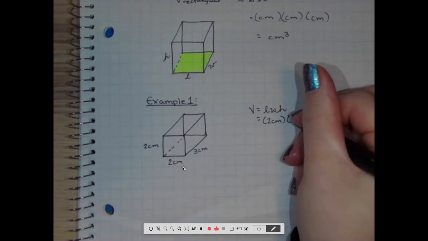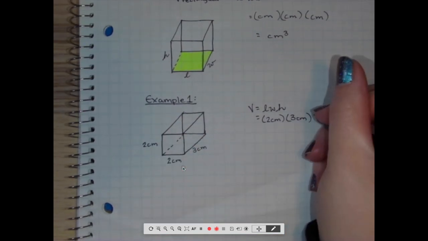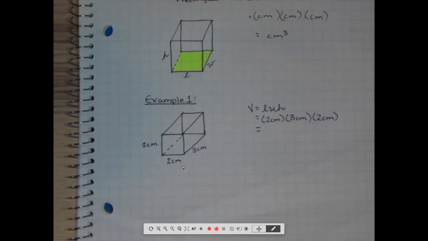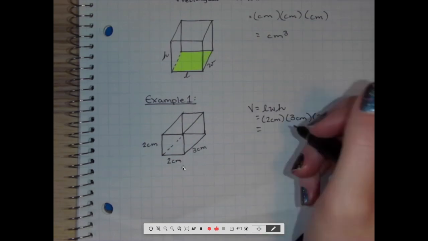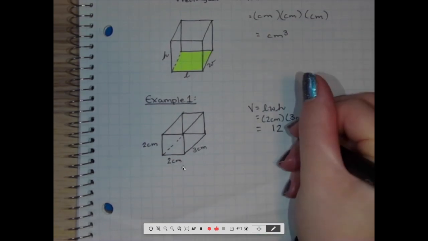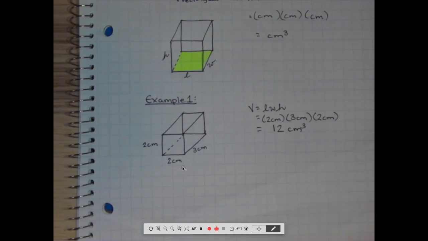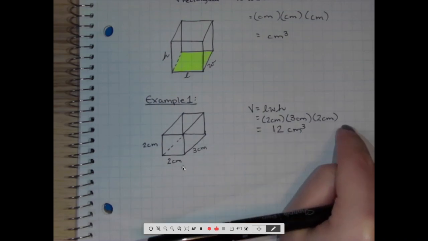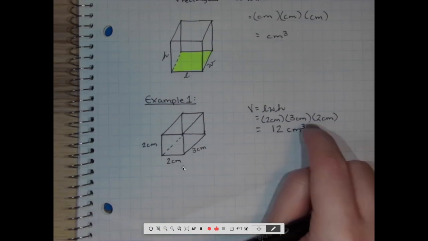My width is 3 centimeters. And my height is 2 centimeters. Then I end up with 2 times 3 is 6, times 2 is 12. 12 centimeters cubed. So I'd want to see your formula, putting in your values for the formula, and then an answer with the unit cubed.